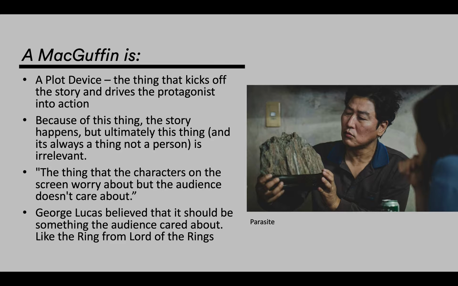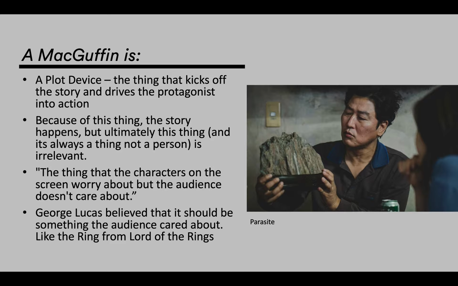And you start seeing the characters enact things and change things because of this. It's a way that starts driving the story forward. So basically, it's that thing the characters on the screen worry about, but the audience doesn't necessarily care about. You really don't care about that stone.